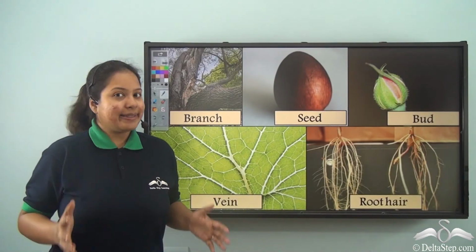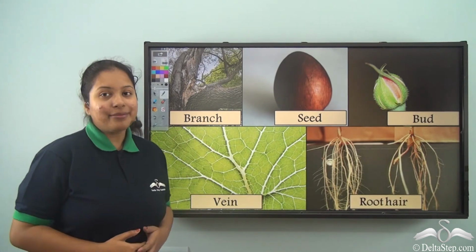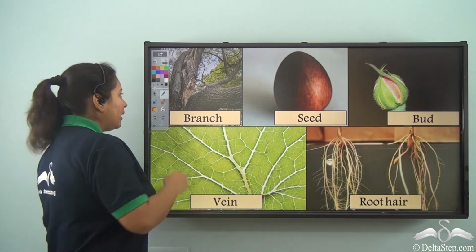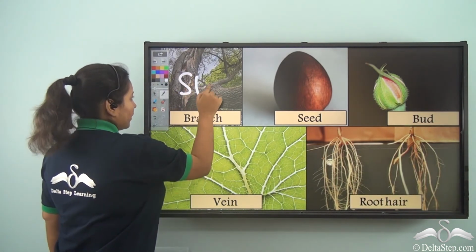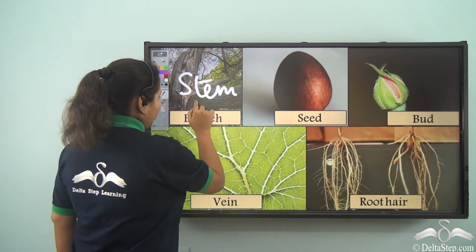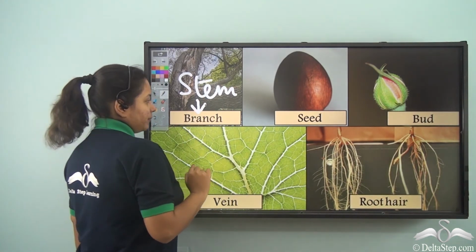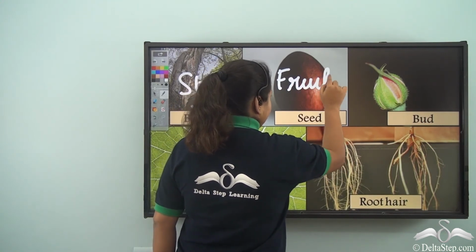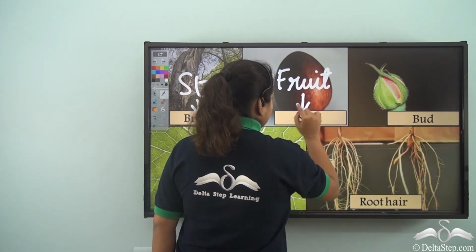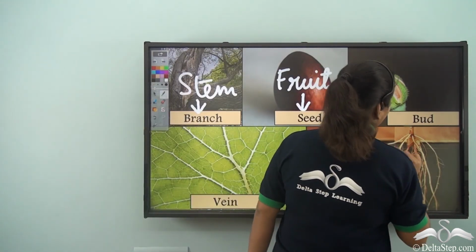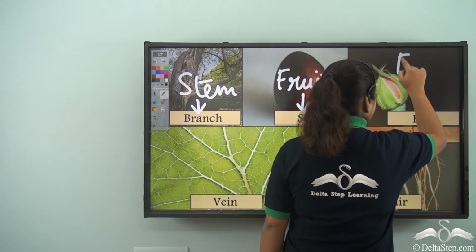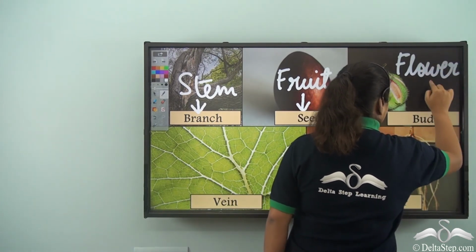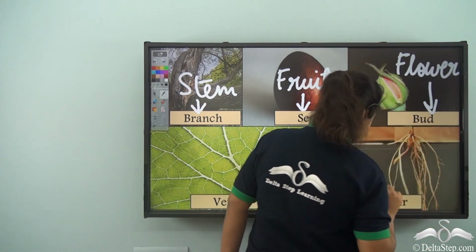So, my dear kid, today we have learned some more parts of plant. What are these? Well, for stem, we have the subpart known as branch. For fruit, the subpart's name is seed. Now, from where do we get a flower? Well, we get it from the bud.